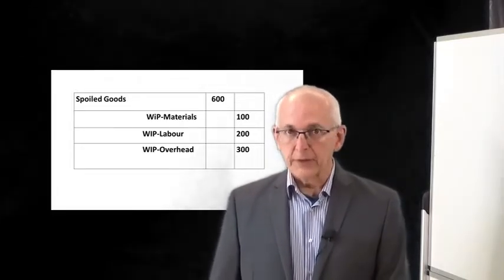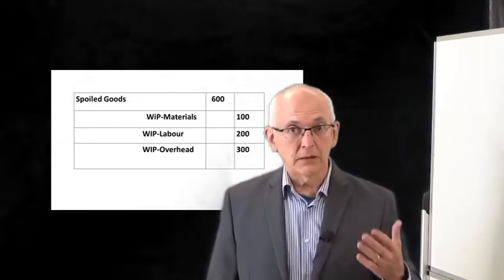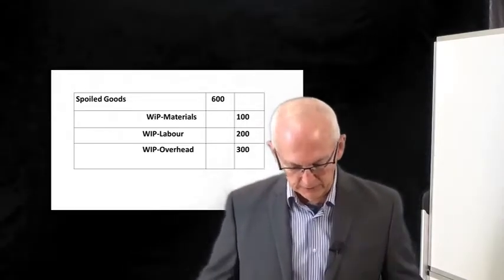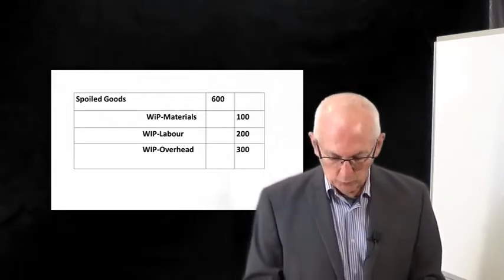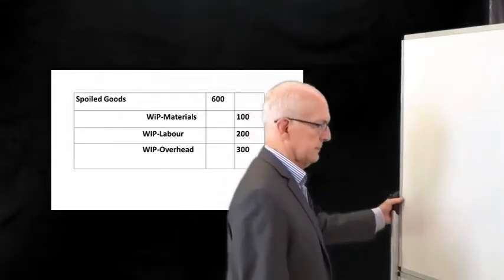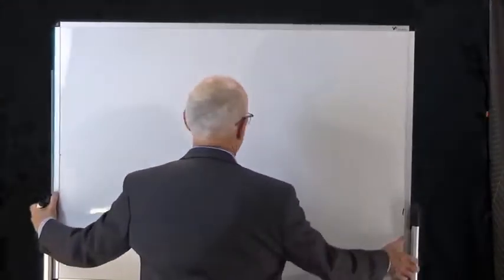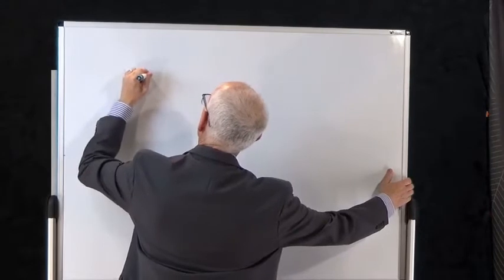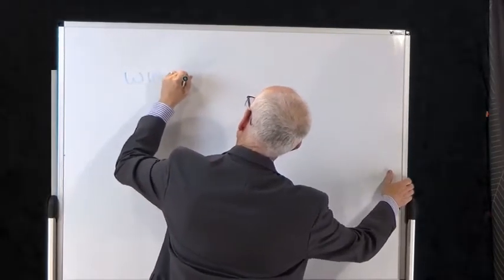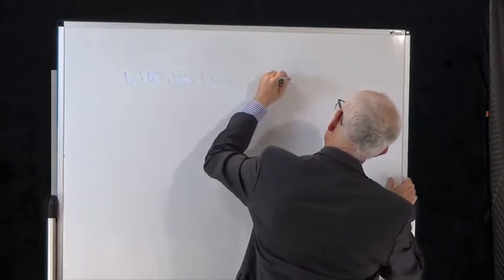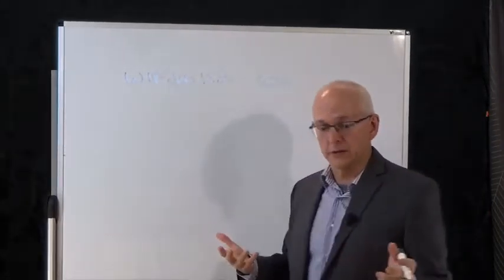So if I look at it, I go, okay, the screw up there is it shouldn't be WIP materials. It should actually be one credit entry to WIP job 1236 for the $600.